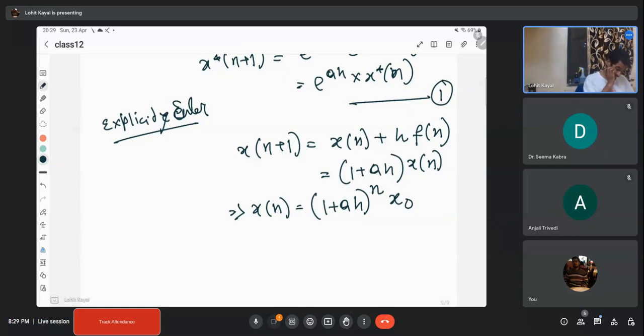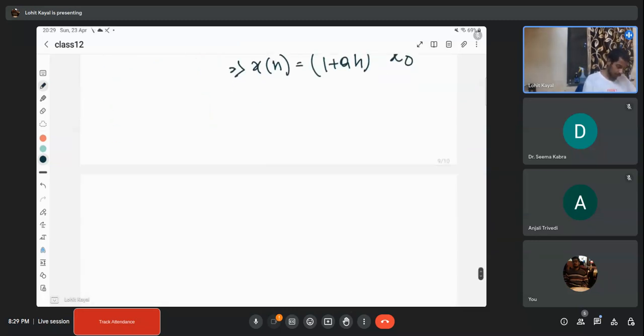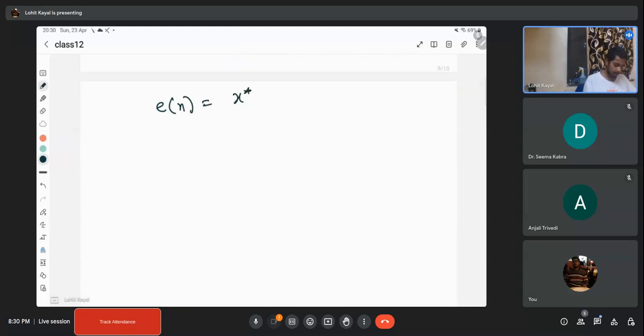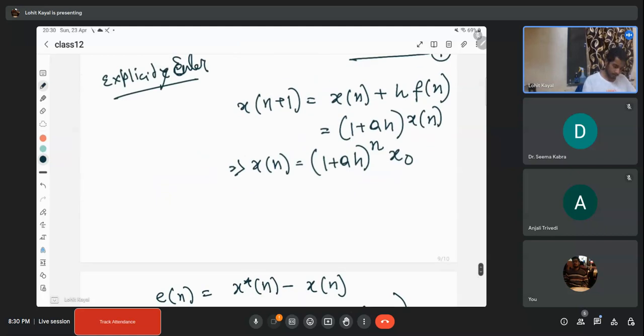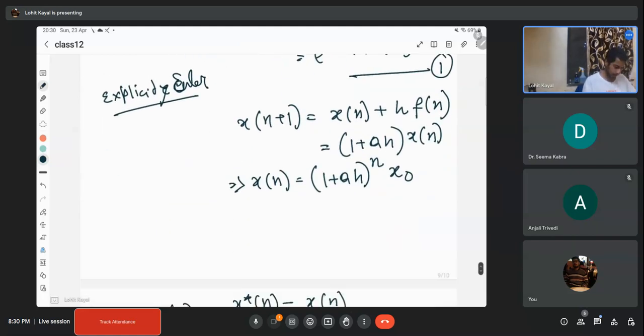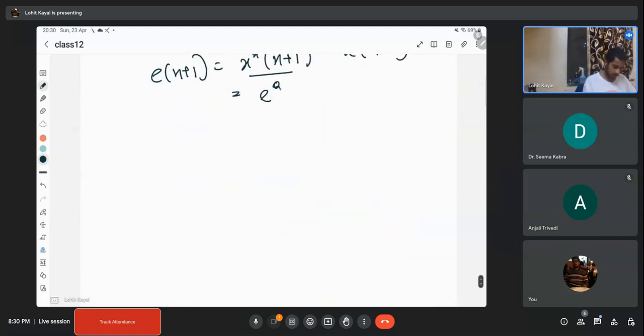Now let me define the error. E n equal to x star at that time minus x n. So this is the definition of the error. So E n plus 1 will be, in place of x star n plus 1, from the first equation I can write e to the power a h into x star of n.